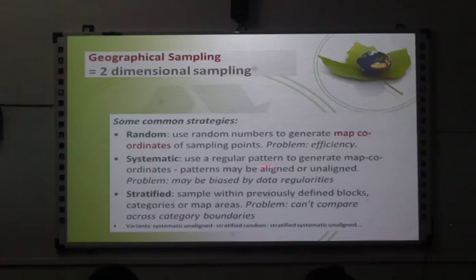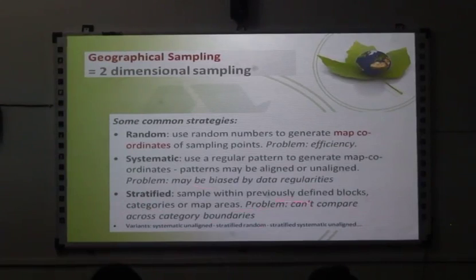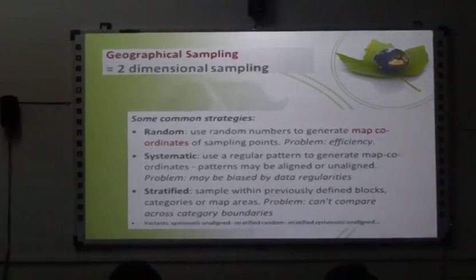Systematic, it's the one most of us adopt. Drop a set of coordinates across your map, sample at each point or in the middle of each square that you've defined, and so on. Stratified, okay, your map's got hilly areas and plain areas, forest areas and no forest areas, agricultural areas, no agricultural areas, urban areas, etc. And you sample within those using one of these other strategies and treat them separately.